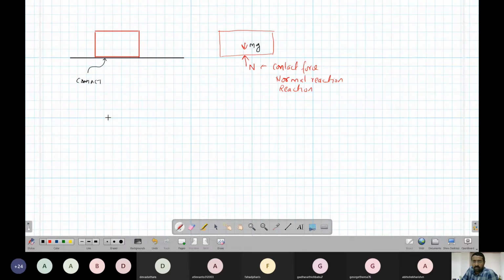Now, what about the surface? The surface will have an equal and opposite force acting downward.